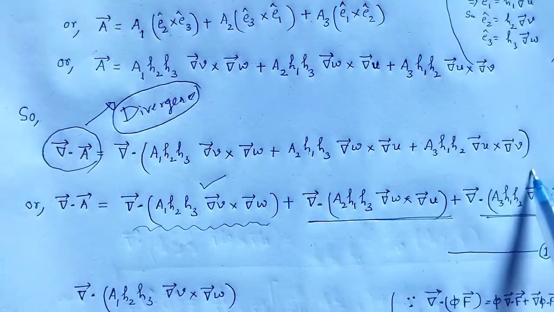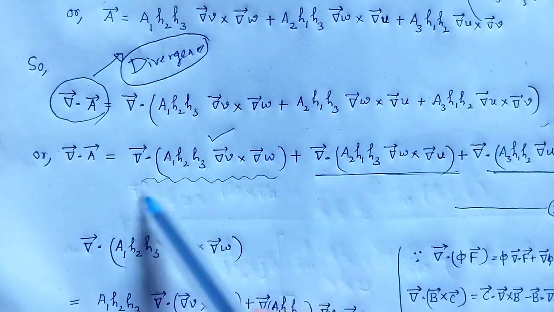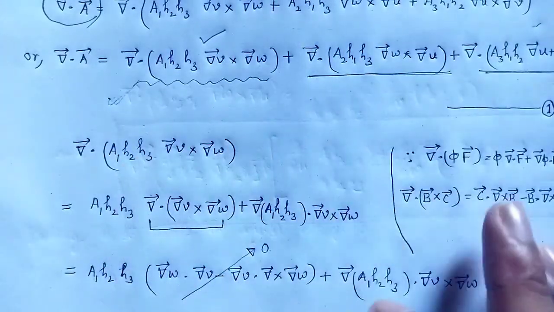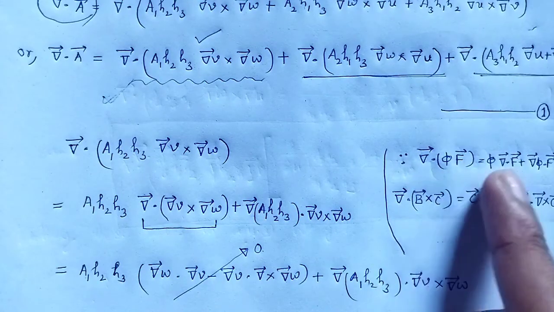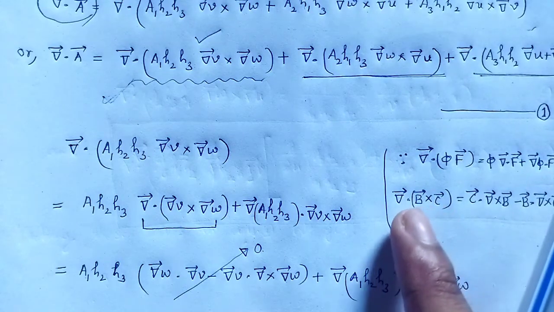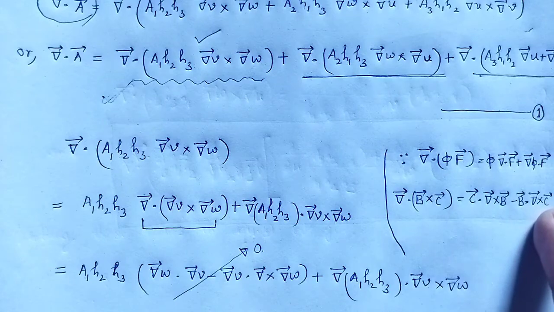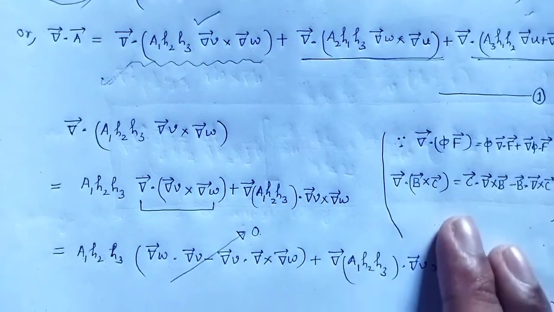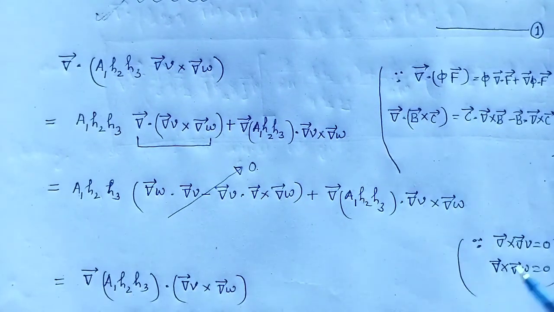So grad dot the values, grad dot evaluate. Now you evaluate the first term. For this evaluation we have to introduce two identities: grad dot phi f is equal to phi grad dot f plus grad phi dot f, then grad dot v cross c, that is c dot grad cross v minus v dot grad cross c. These two identities are used, and this portion will be 0.